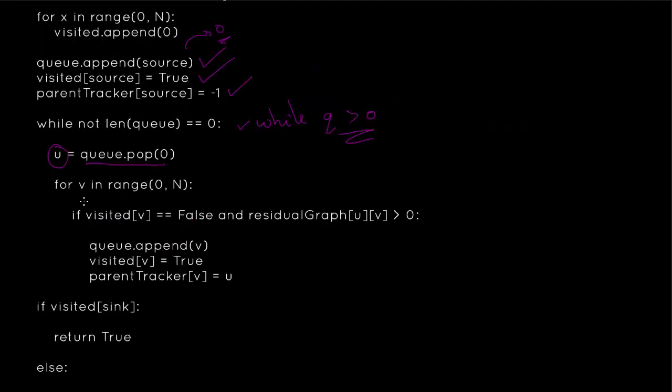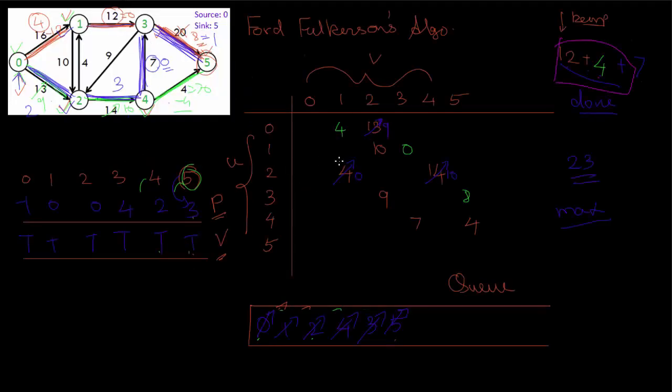Then what I'm doing is I'm saying that for v in range of 0 to n, for all the other nodes, if there exists a path between u and v, and that v is not visited, and that the residual graph is greater than 0. All these we saw before, right? If there is a path, and if it is not visited, and if this value is greater than 0.